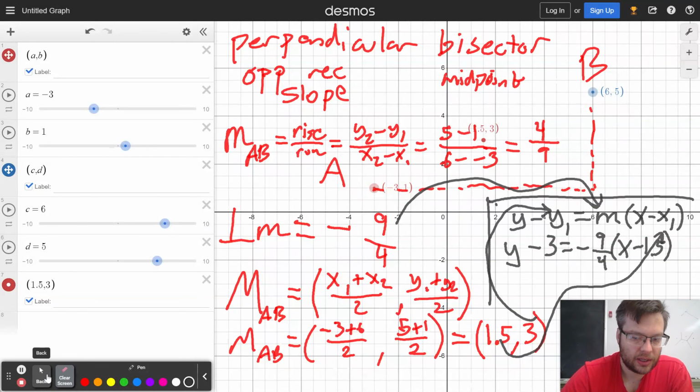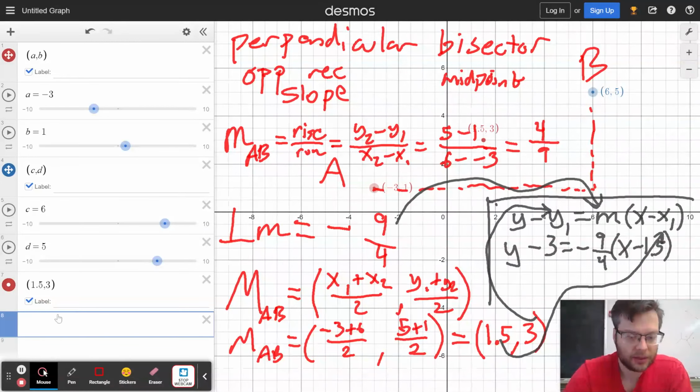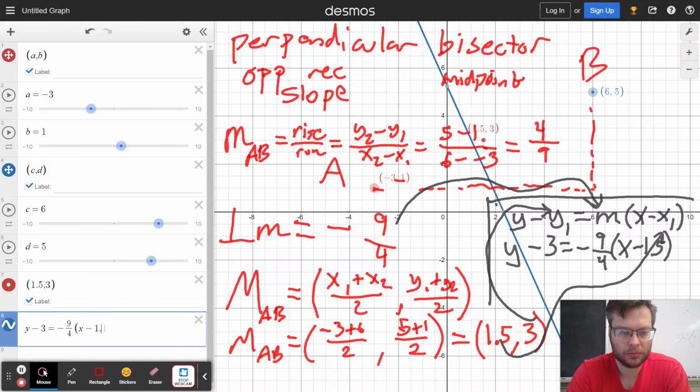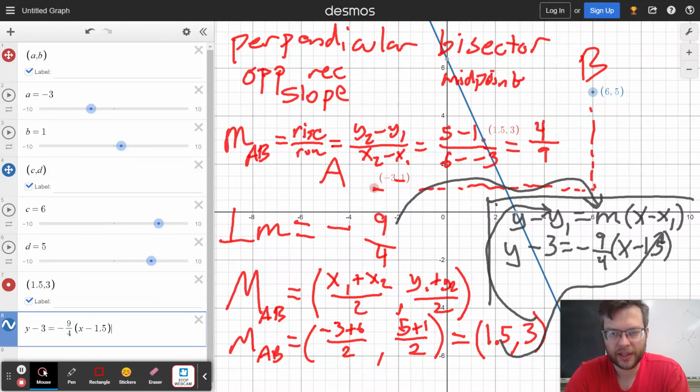When you're using Desmos, it can handle it in point slope form. Y minus 3, negative 9 over 4, x minus 1.5. And you can see how that does go exactly through the midpoint and how it is going at a 90-degree angle to the other line.